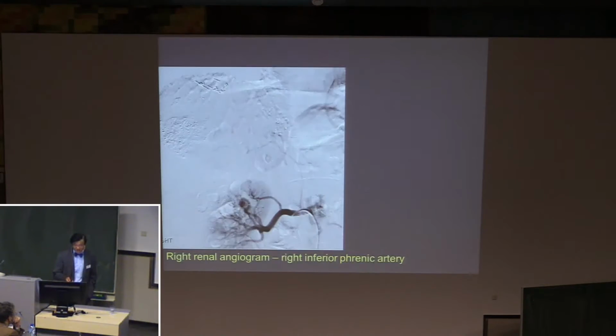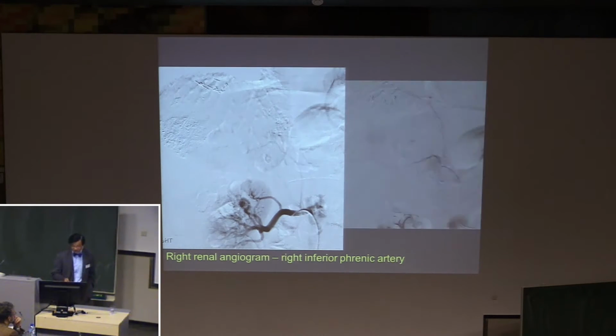So we hunted for other vessels, and this is the right renal angiogram, and you can see that the right inferior phrenic artery is supplied from the right renal artery.